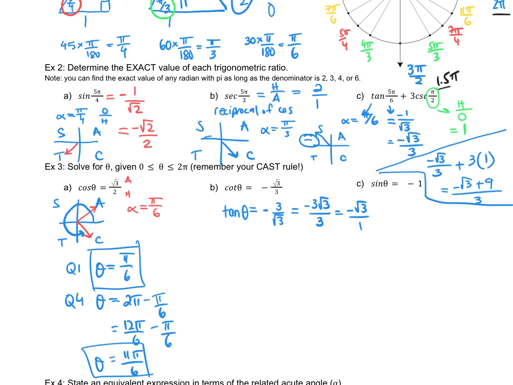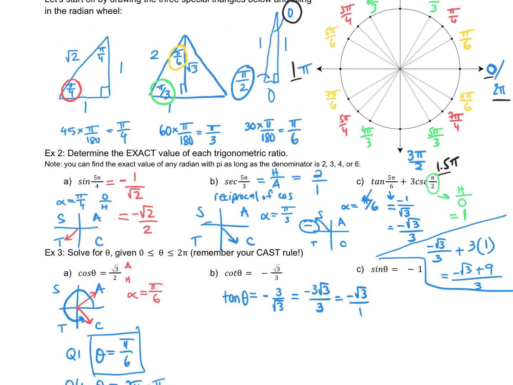So I'm going to take a look at my special triangles, and I want my opposite to be root 3 and my adjacent to be 1. Root 3, 1, here they are. Root 3 has to be opposite, so pi over 3 is the winner, because across from pi over 3 is root 3. So alpha is pi over 3.